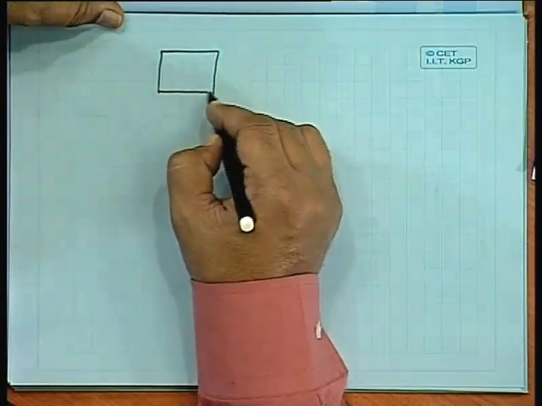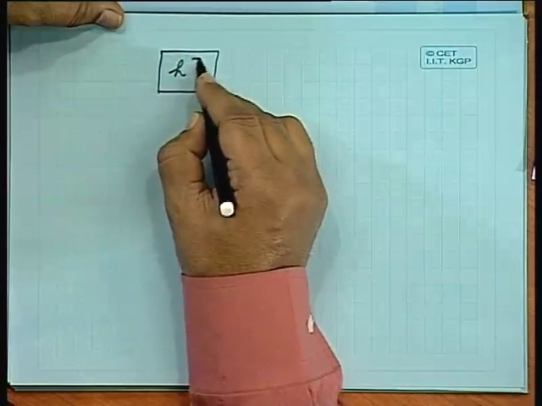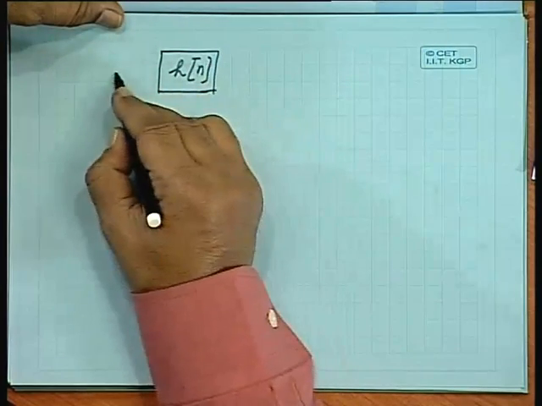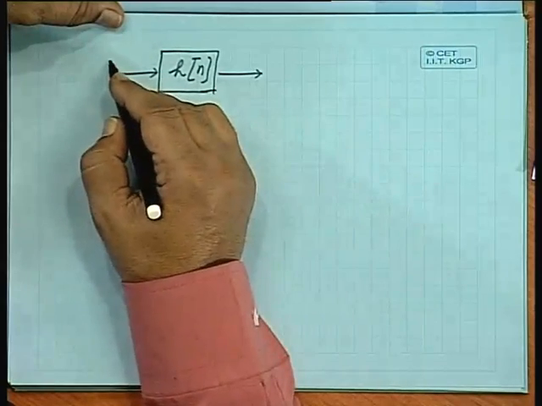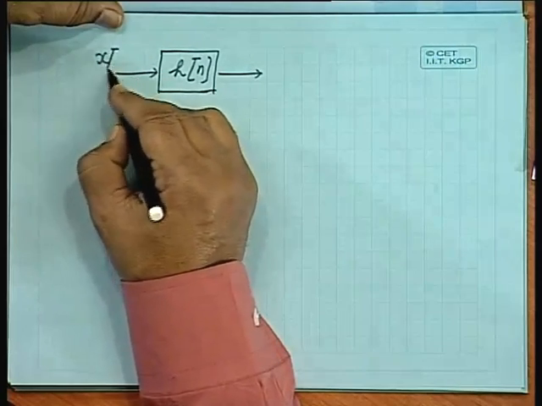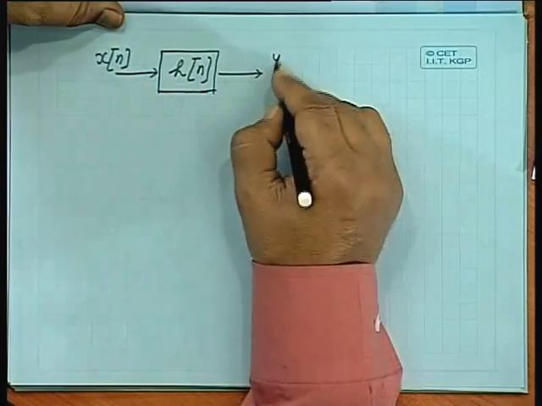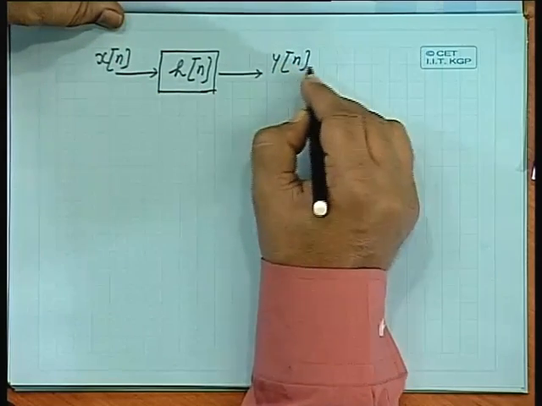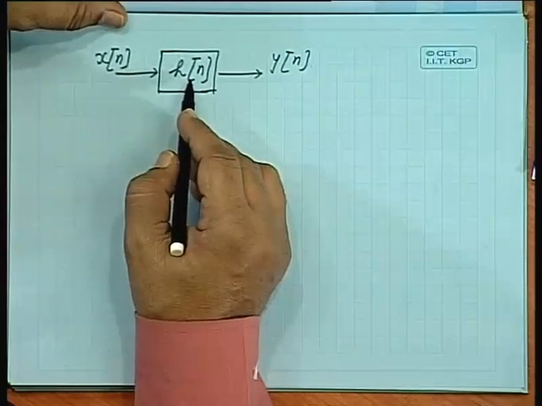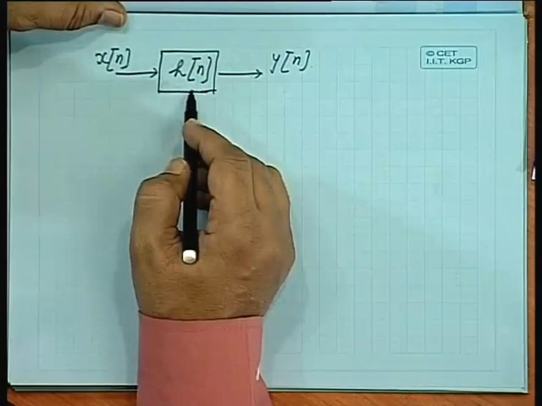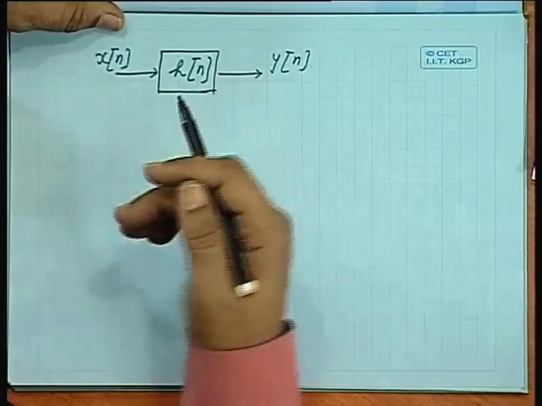A linear time invariant system is represented by its impulse response h[n]. The system is described by its impulse response.